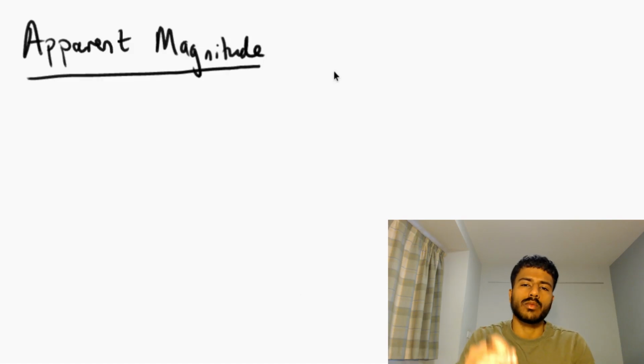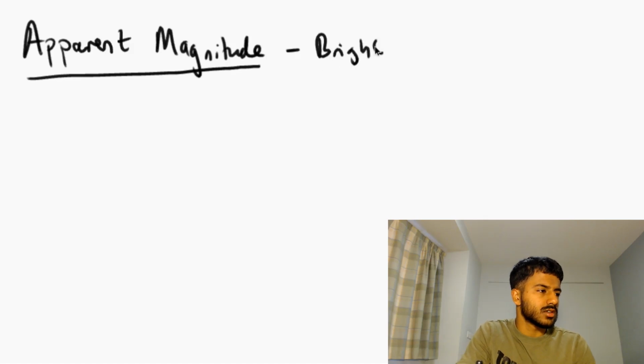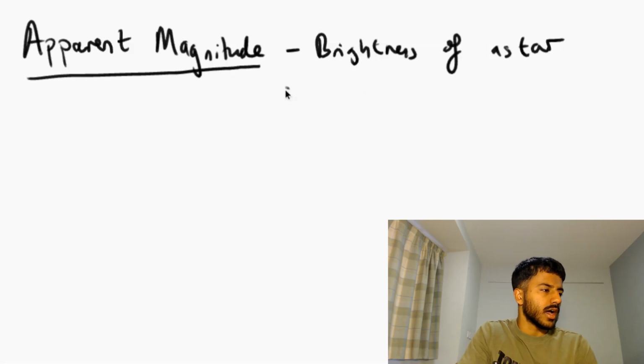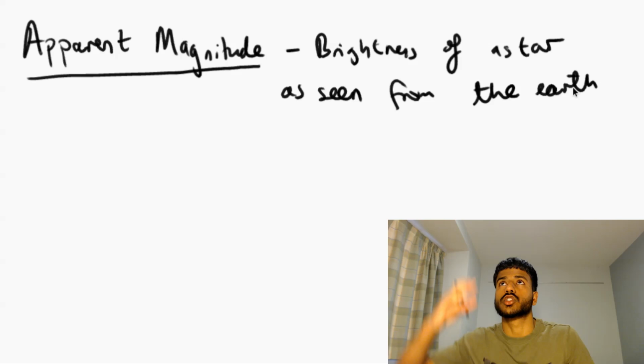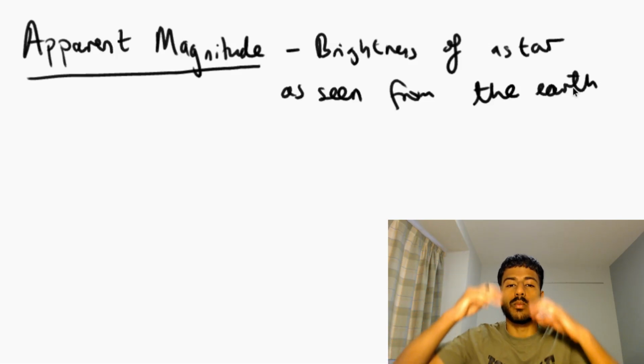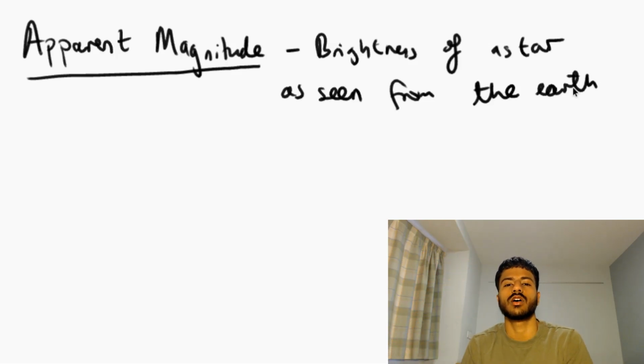What this apparent magnitude is, is the brightness of a star as seen from the Earth. So if I were on Earth and I were just looking out into the sky, how bright I would see a particular star is what is defined by this apparent magnitude.